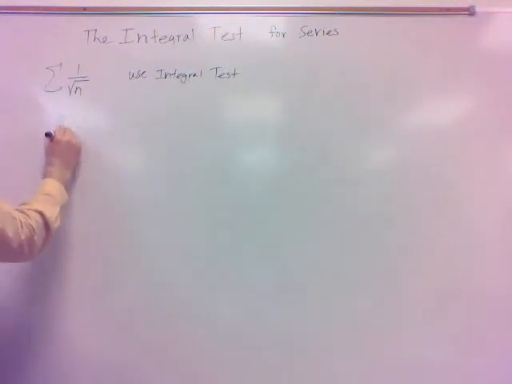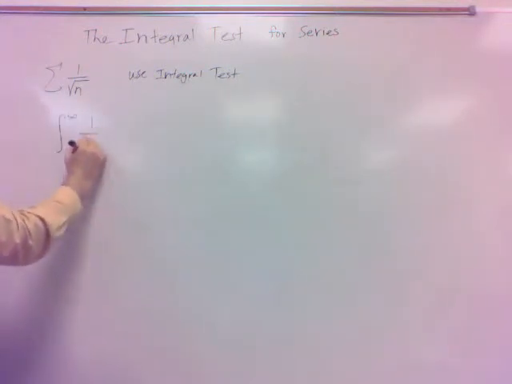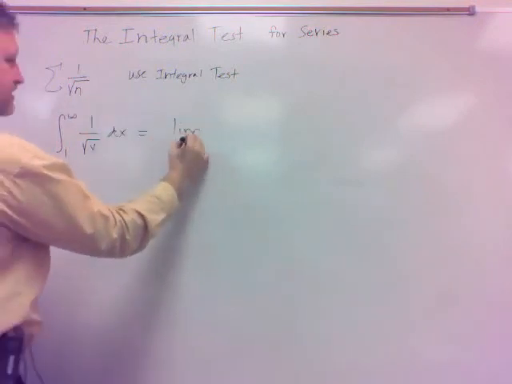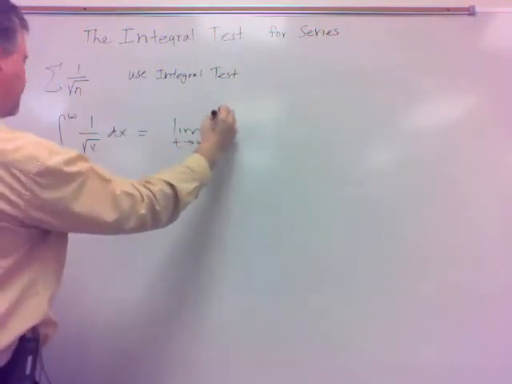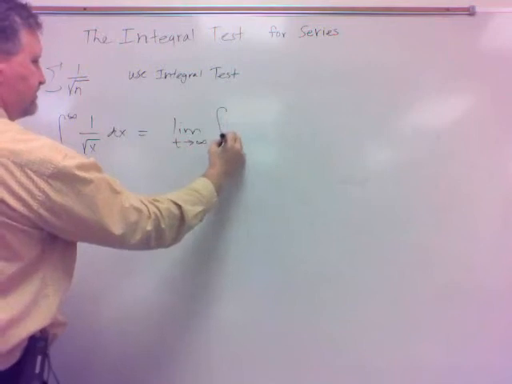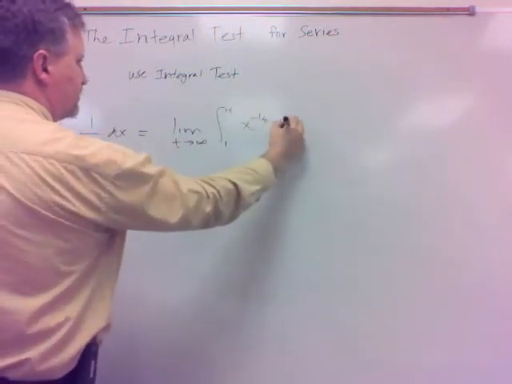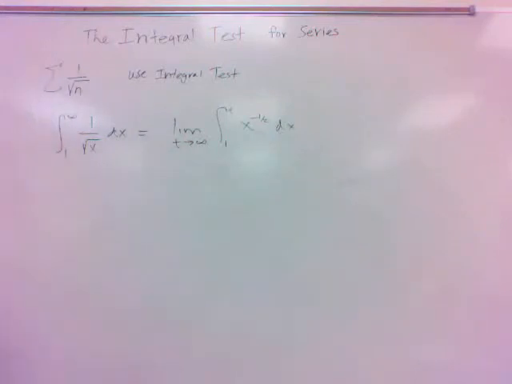All right, so what integral are we looking at for this one? Well, it would be the integral from 1 to infinity of 1 over the square root of x dx, which, using our t-limit definition, is the limit as t goes to infinity of the integral from 1 to t of x to the negative a half. Well, let's see what happens there.